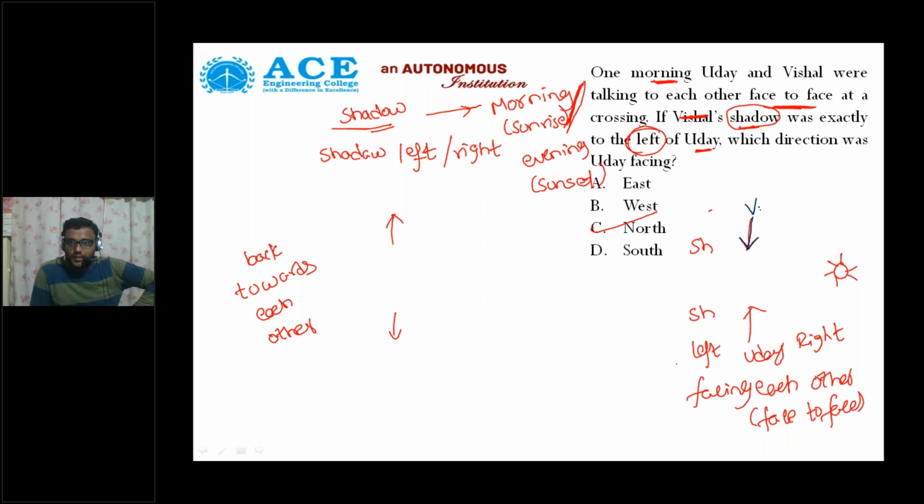Vishal is facing towards south. Okay, whereas Uday is facing towards north. So shadow was left of. Whether it is Vishal shadow or Uday shadow, both are in the same side actually. To confuse, they'll mention Vishal shadow was exactly left of Uday like that. Okay, shadow was left of Uday. That's it. So this is regarding face to face, that too morning.